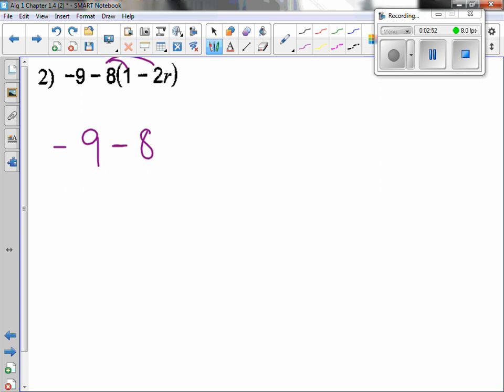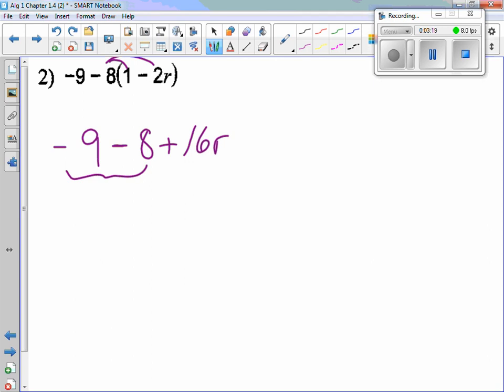Now, negative 8 times negative 2. Well, negative times a negative is a what? Positive. 8 times 2 is? And we have r. Because we'll multiply the 8 and 2, and then we have the r. Any questions on this here? Now we can combine like terms. So what terms are similar?